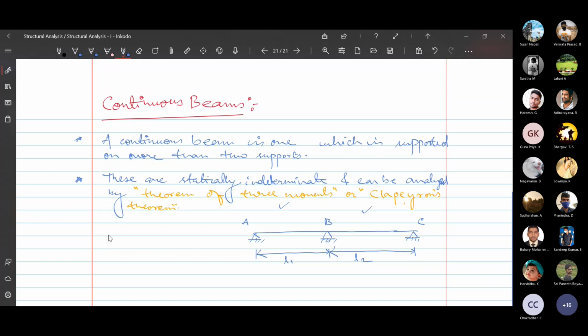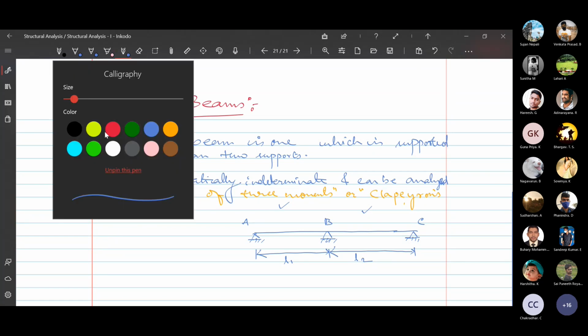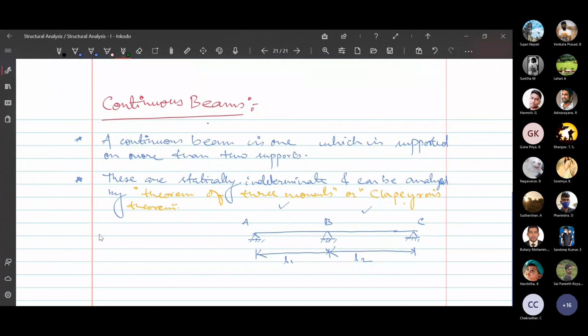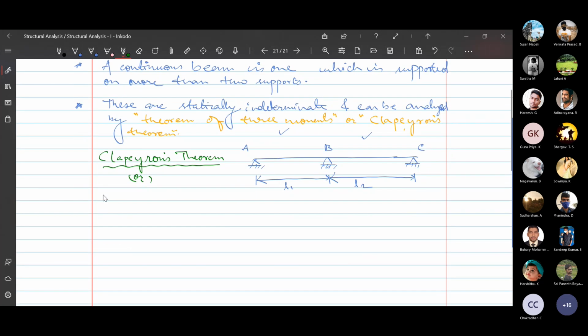Okay, so here I'll give the subheading: Clapeyron's theorem, or theorem of three moments. Okay, this is the heading.